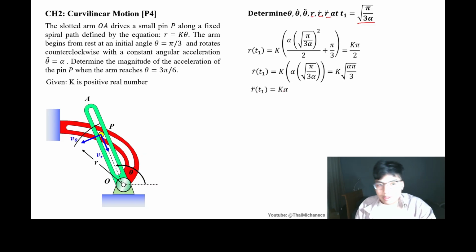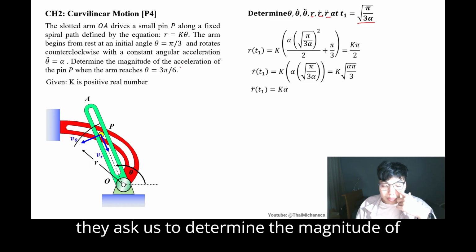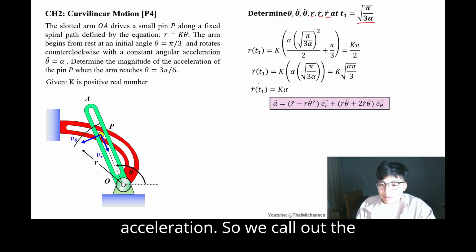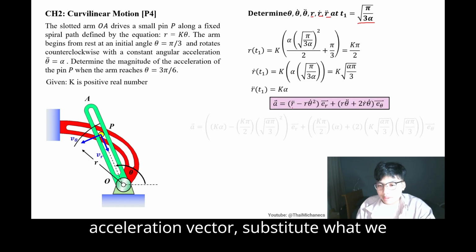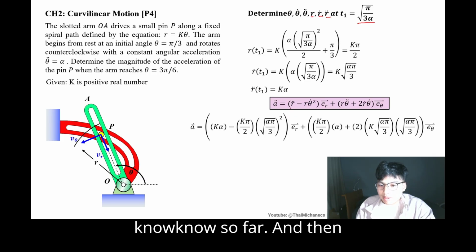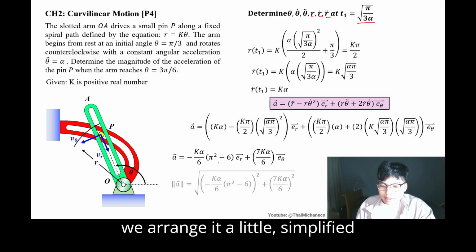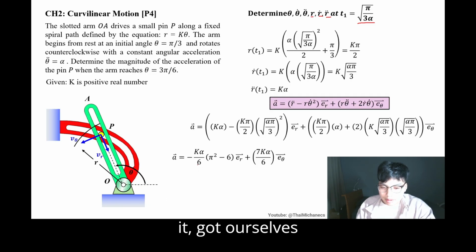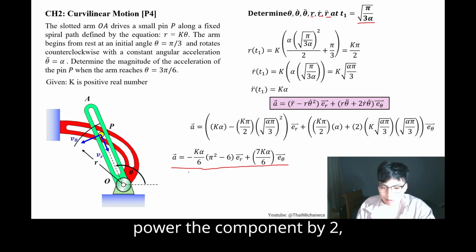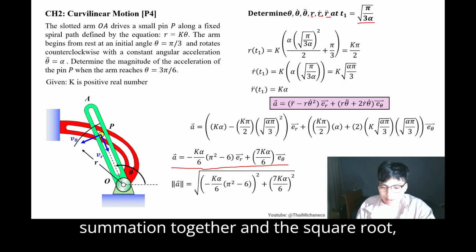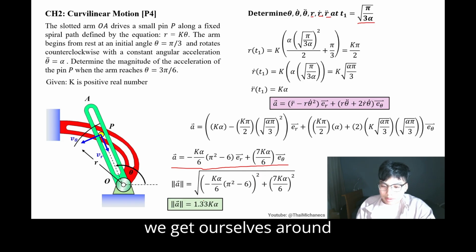They ask us to determine the magnitude of the acceleration, so we call out the acceleration vector, substitute what we know so far, rearrange and simplify it, and get this simplified version. Then for the magnitude, we square the components, sum them together under a square root, and we get around 1.33 k alpha.